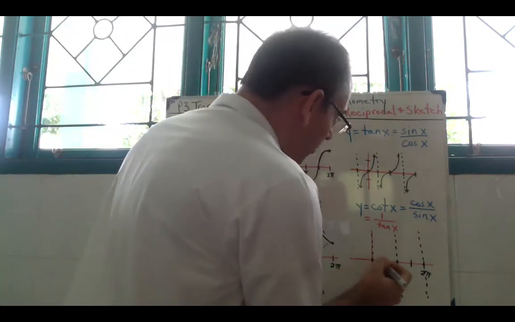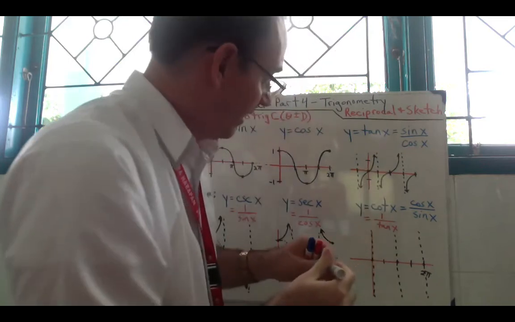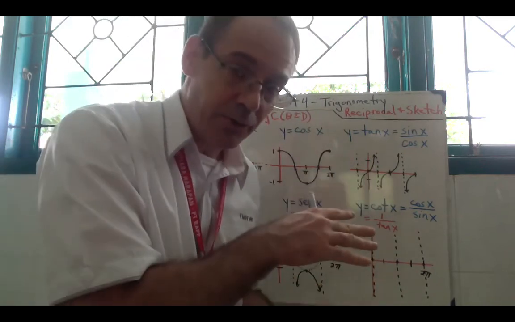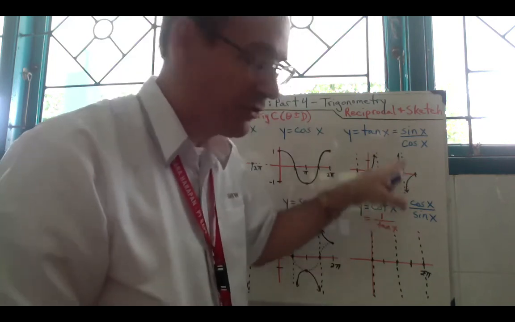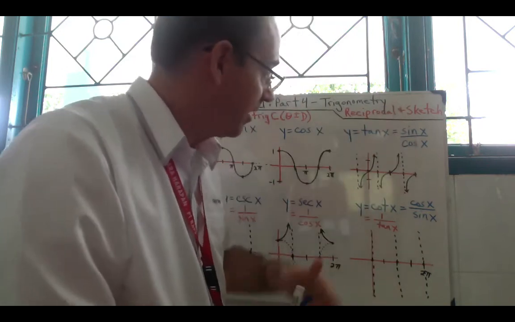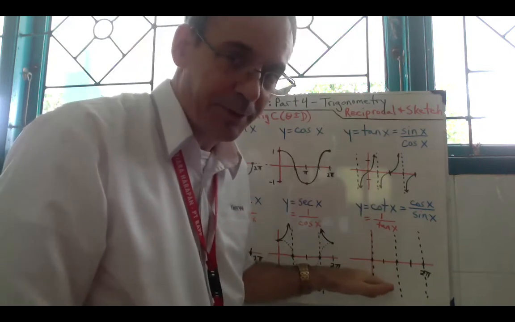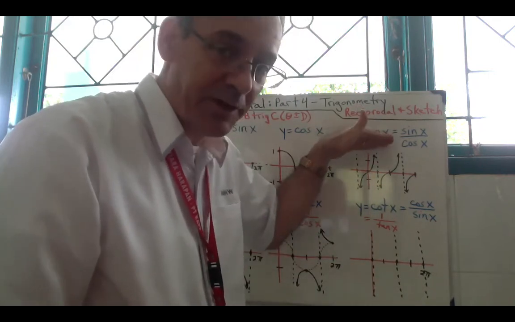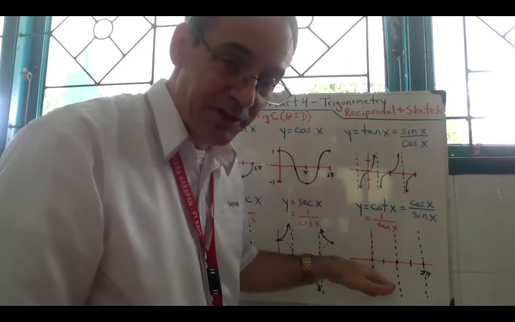And so when you reciprocate, see here, these asymptotes, when they get reciprocated, they become zeros. Zeros on the original become asymptotes in the reciprocal. Asymptotes in the original become zeros in the reciprocal.